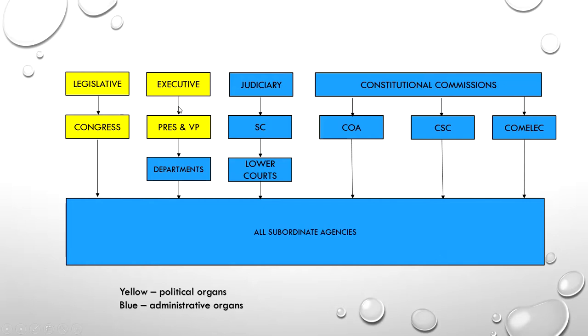Then the executive is composed of your president and your vice president. They are political in the sense that they are elected, and basically they are the main actors when it comes to your policy making process in the pluralistic arena.